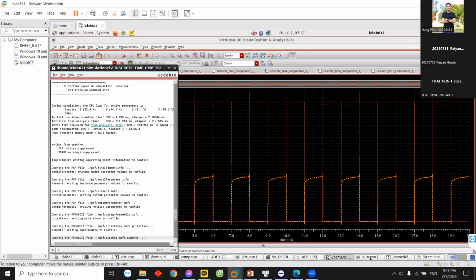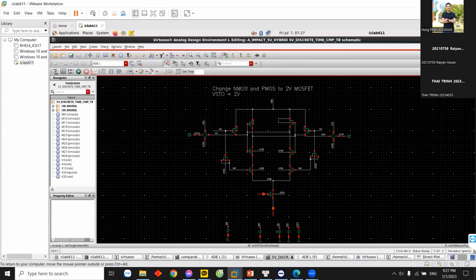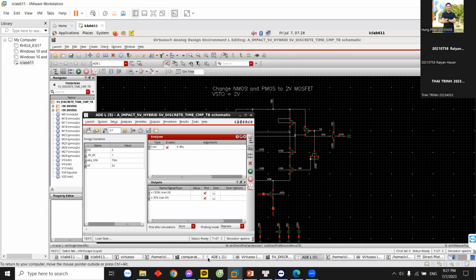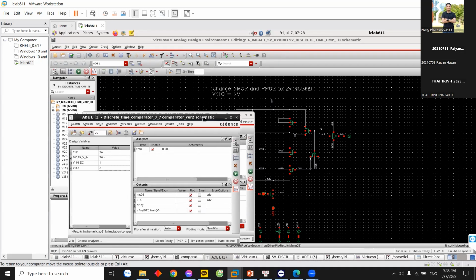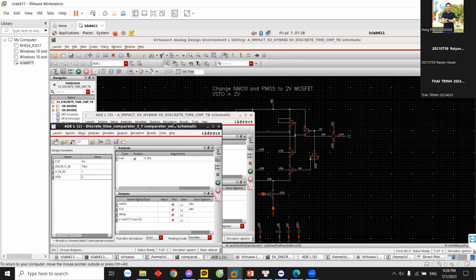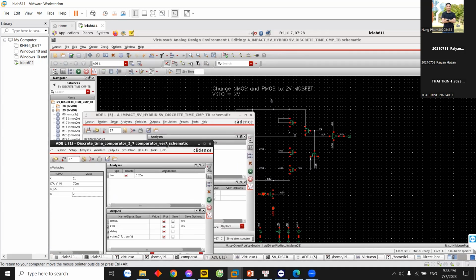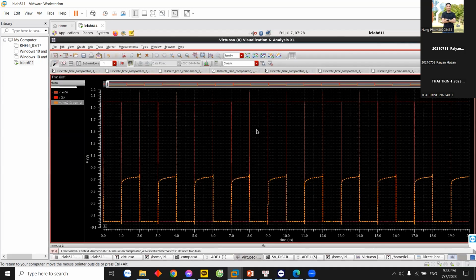I have a question. The time I used in the simulation, 220 micro in the transistor, does it affect the output result?